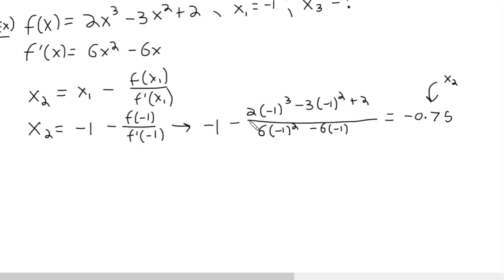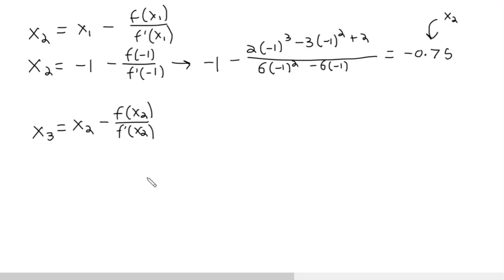Okay, so now let's find x3. So to find x3, remember, to get the one you want, you use what came before. So I'm not going to use x1, I'm going to be using x2. So x3 equals x2 minus f of x2 over f prime x2.